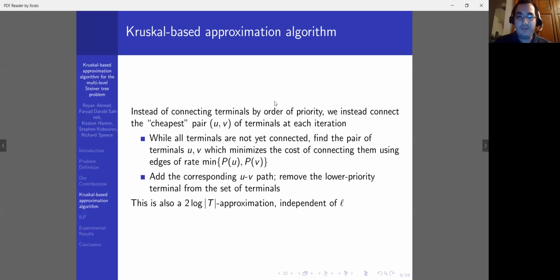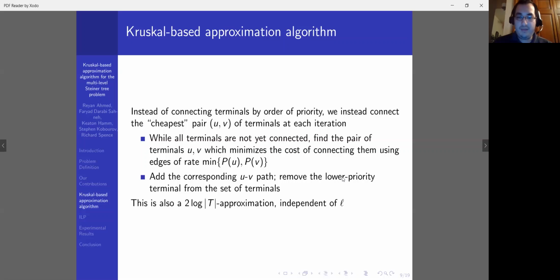The algorithm that we proposed is somewhat different, but the analysis behaves very similarly. The idea is that instead of connecting the terminals by priority, as in Charikar et al., we're going to connect the cheapest pair of terminals at each iteration. What do I mean by this? Instead of connecting terminals by priority, we find the pair of terminals in the terminal set that minimizes their connection cost, and then connect them using edges of the appropriate rate.